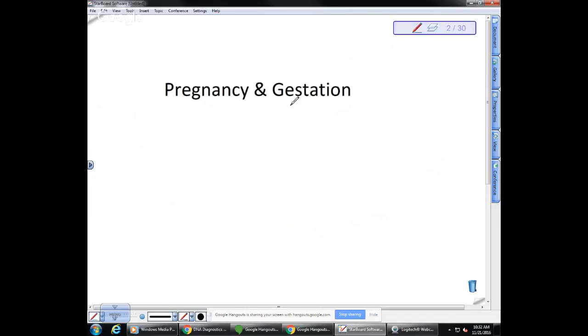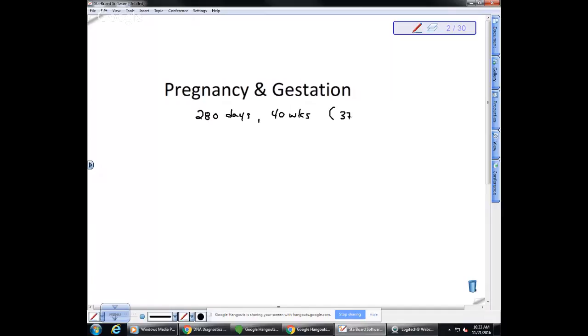I'm going to start talking about what happens if the embryo does implant or can implant. And so we're going to talk about pregnancy and gestation. In humans, this is about 280 days, which is about 40 weeks, right? But there's a range.